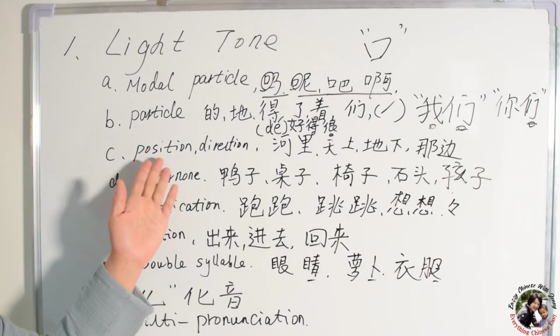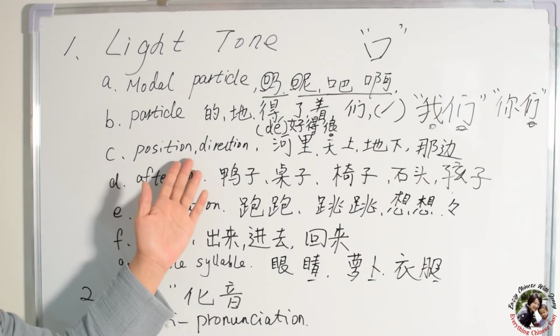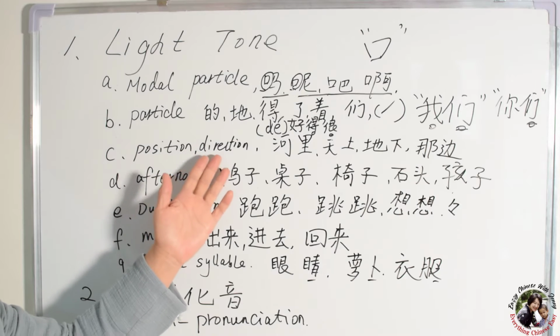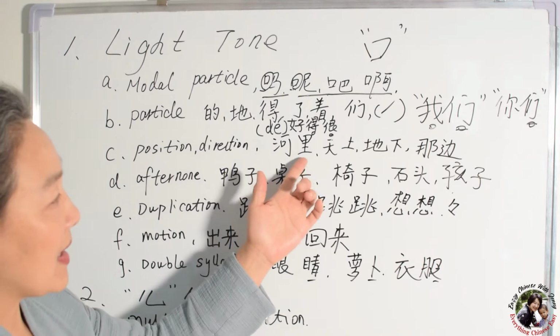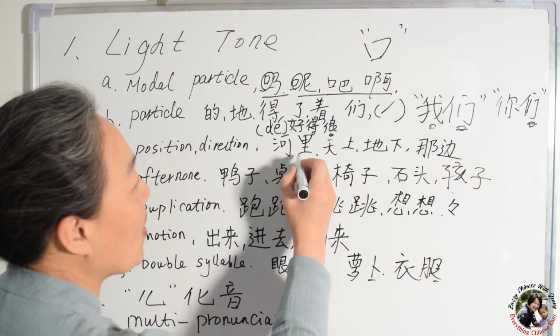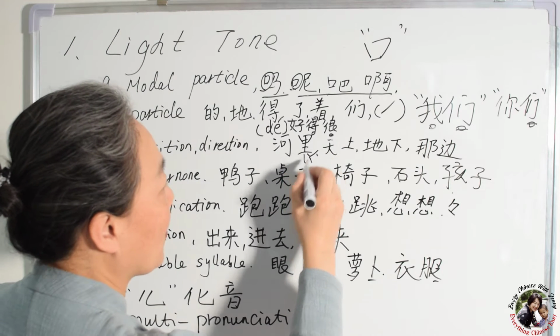And also some situations are when you describe the position or direction. For example, 河里, 里, when it is alone, it is the third tone.